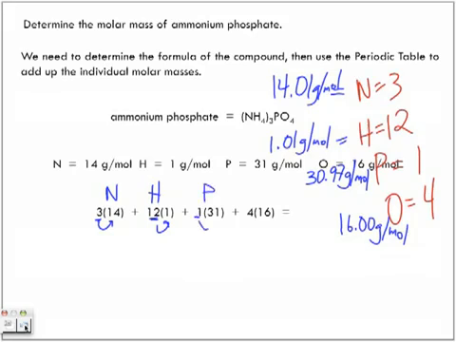So all we're doing is taking the mass, 43.875 grams, and dividing it by 0.75 moles. And what do we get?